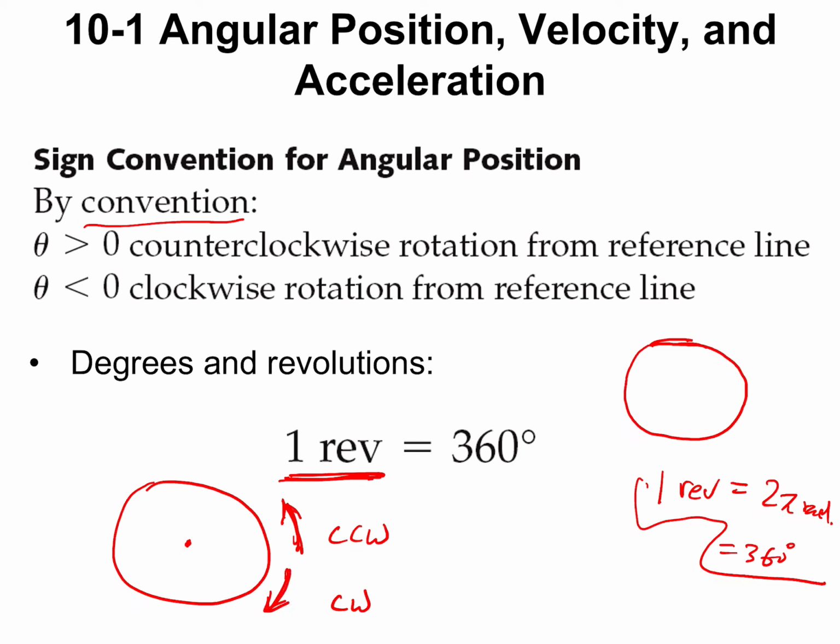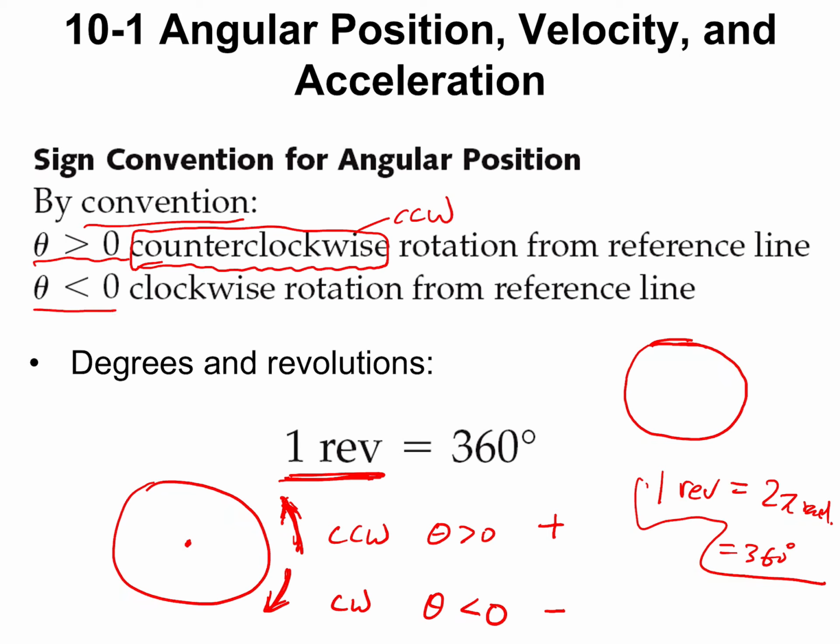For clockwise, theta is negative, and for counterclockwise, theta is positive. We define counterclockwise rotation as the positive direction, and clockwise as the negative direction. So theta is bigger than 0 if you rotate counterclockwise (CCW) from the reference line, and theta is smaller than 0 if clockwise (CW).